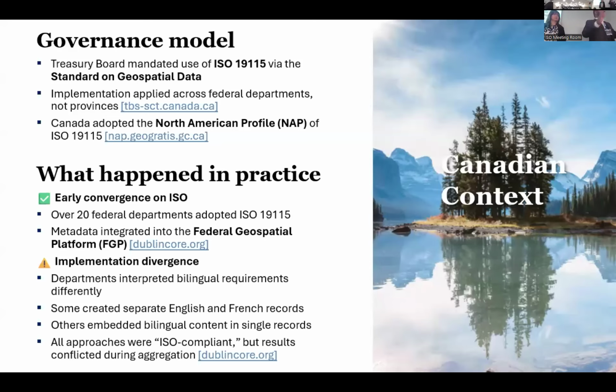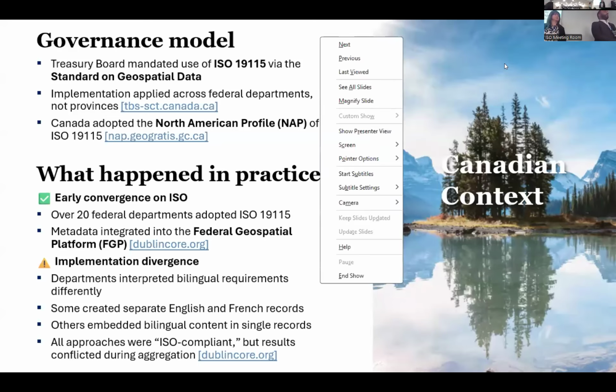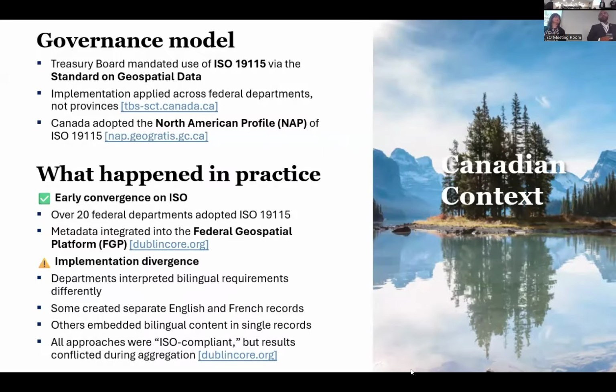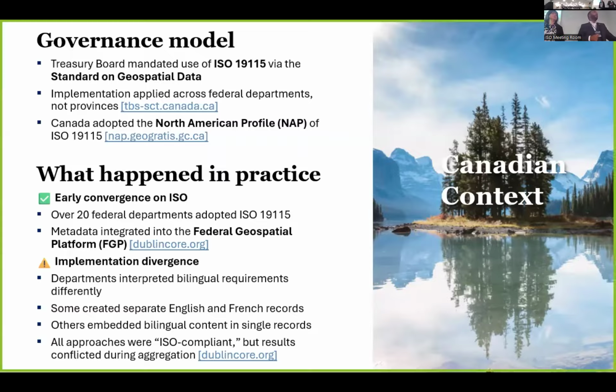A bit more on what the HNAP profile is. We understand not everyone might be familiar with the North American profile. It is a part of 19115, a profile that was created in Canada with different departments in Canada, led by NRCan. Cindy Mitchell did a lot of work on that from NRCan as well. And within NRCan, for our standards of geospatial data, federal departments are required to use 19115, the North American profile, and that's what has been used across all the federal departments.